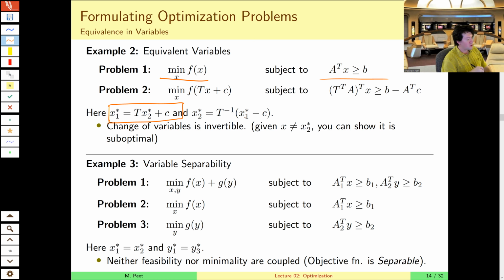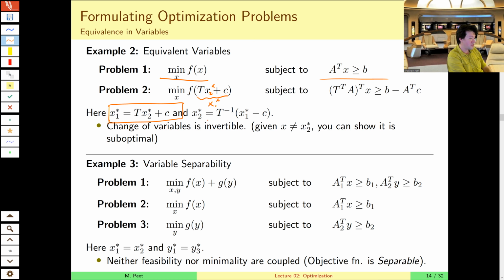So if we just plug in x2 star, the solution to problem 2, into this expression, we get x1 star. And if x2 star is feasible here, then x1 star is feasible here, if x1 and x2 are defined in this way.